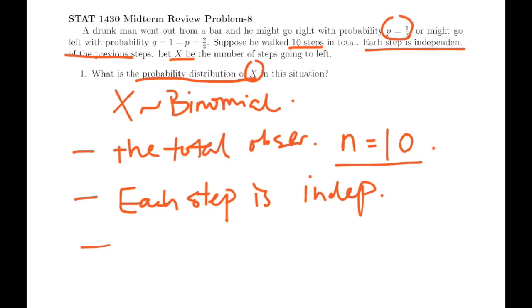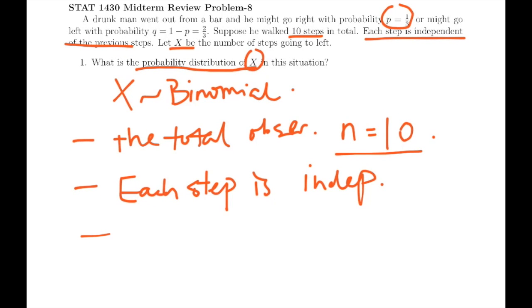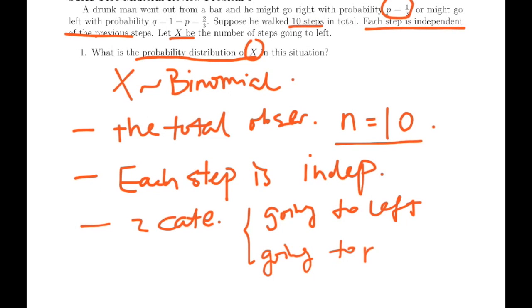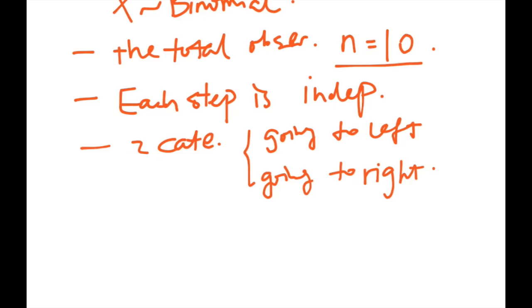The third criterion is that for each observation there are only two possible categories, and we do have exactly two categories here. That means we can either go to the left or go to the right. Finally, the fourth criterion is the probability of success equals p.